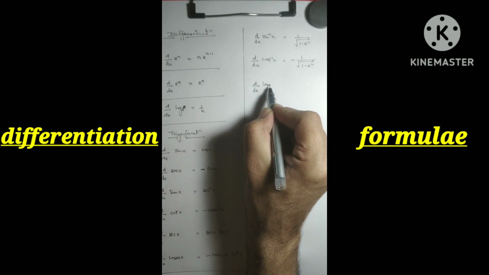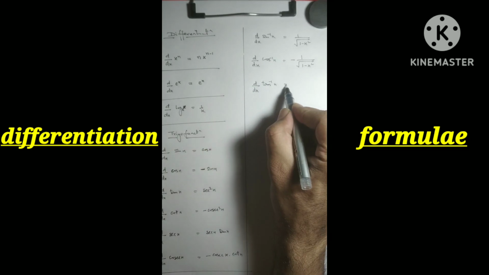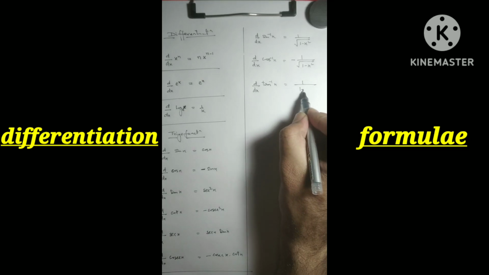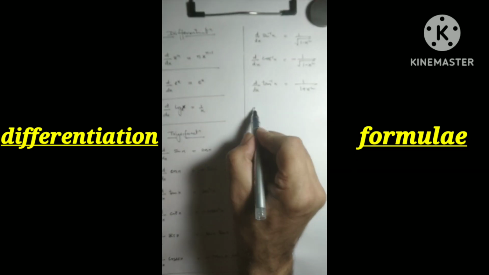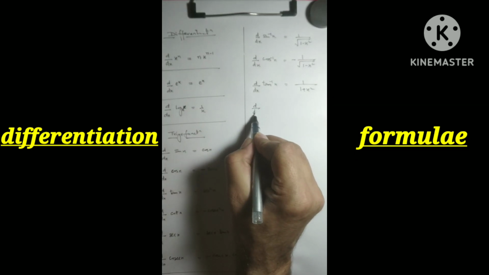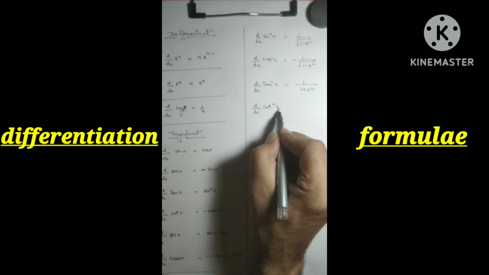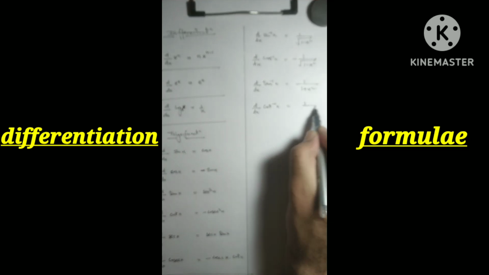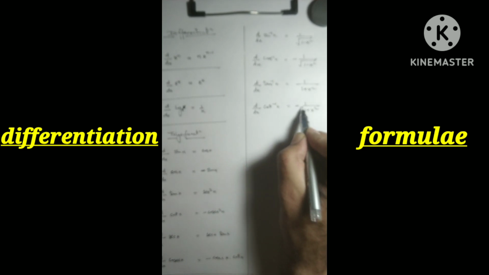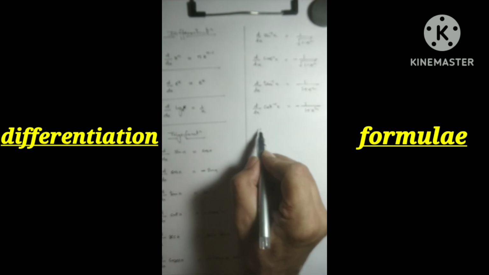This is tan inverse x, result is 1 over 1 plus x square. D over dx of cot inverse x, it is the same result as tan inverse x but with negative sign.